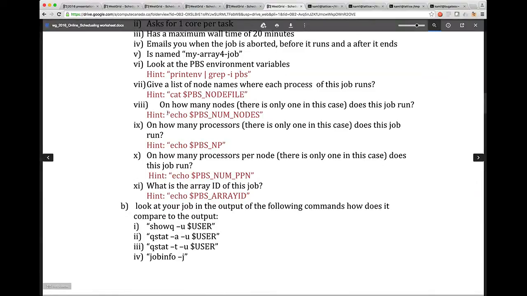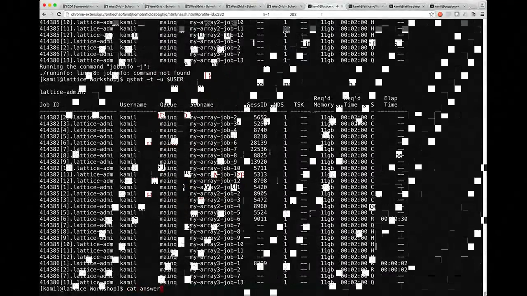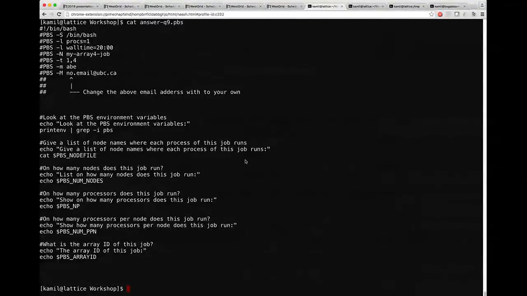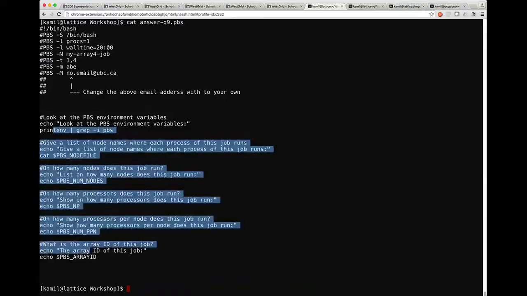Now the scheduler doesn't allow you to do that anymore. But we just wanted to print out all this information. So here's how we would do it. We're asking for array indexes 1 and 4, and then printing out all this information.